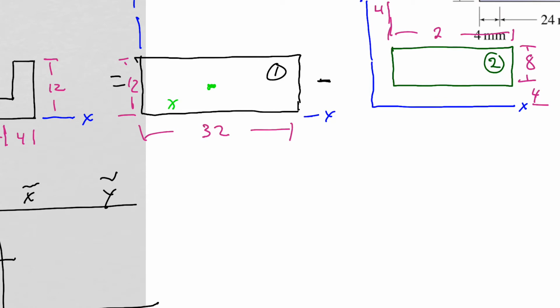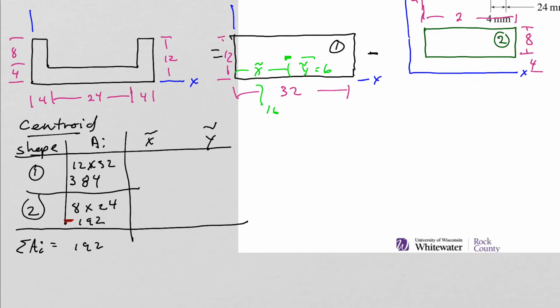This distance is our x tilde. That x tilde is half of 32, or 16. This distance here is our y tilde, and that is equal to 6. So we can place that into our table down below. So for shape 1, x is 16 and y is 6.